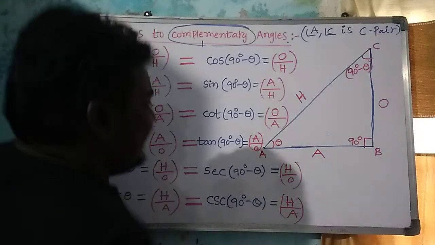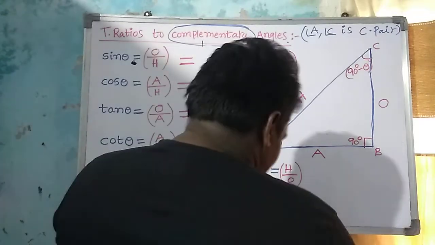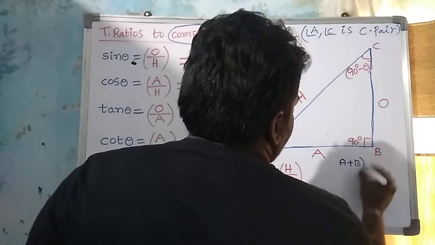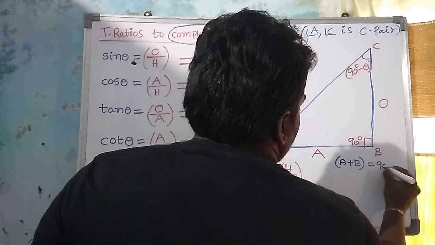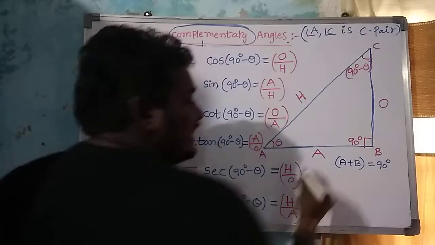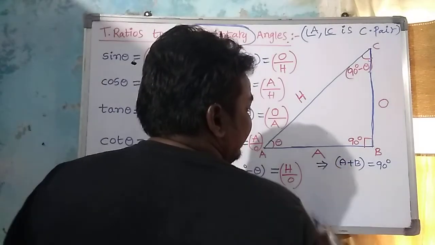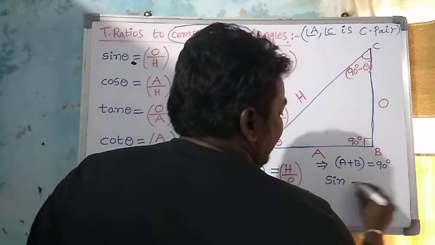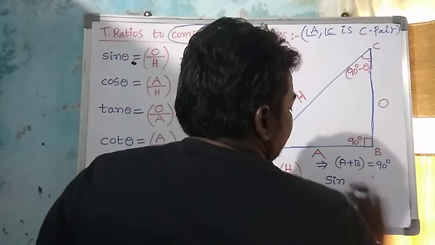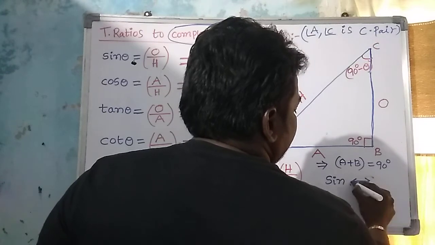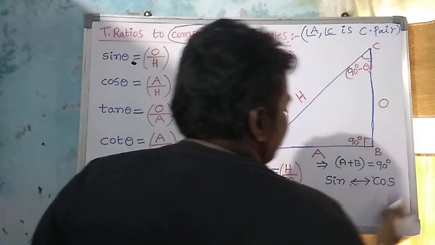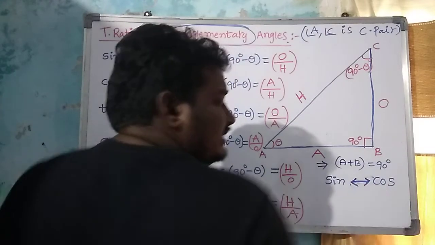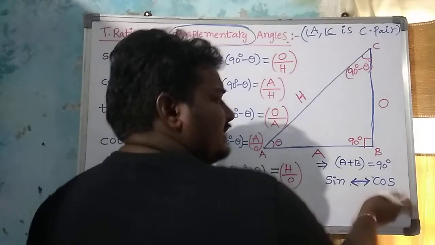So I can say like this: if a plus b equals 90, that means a, b is a complementary pair. Sin of something is becoming cos, and cos is becoming sin. That's why I'm using the double implies.